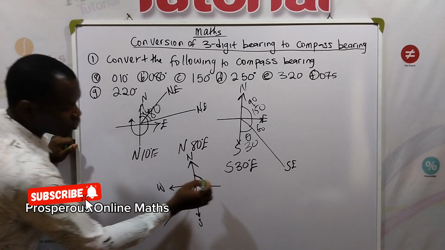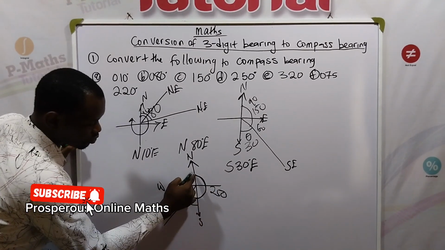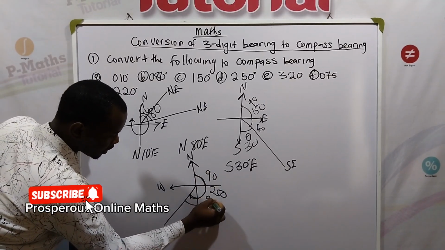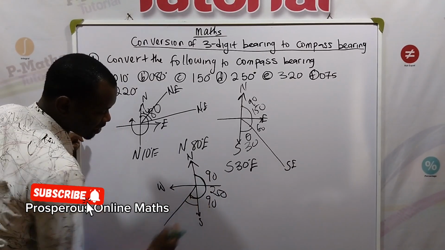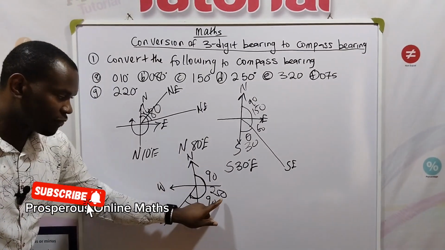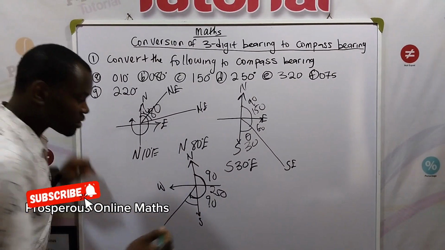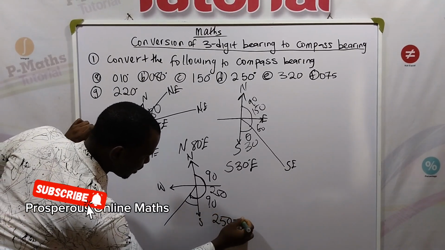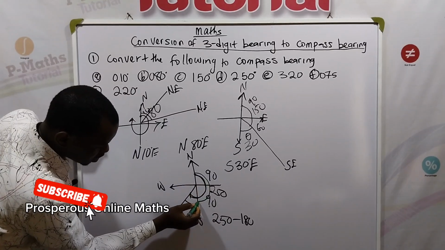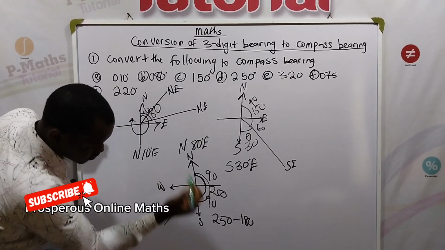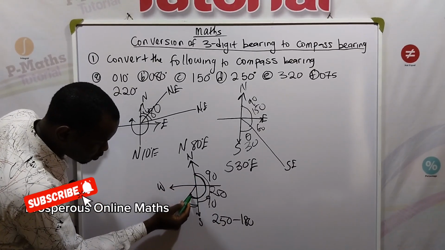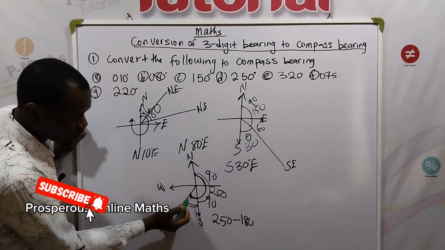All right. So here is 250, the total angle from here to this pole. Remember, here is 90, 90. If I add 90 and 90, I have 180. So what angle can I add to 180 to have 250? Or you simply say 250 minus 180. From this north pole down to this southwest pole, you have 250.